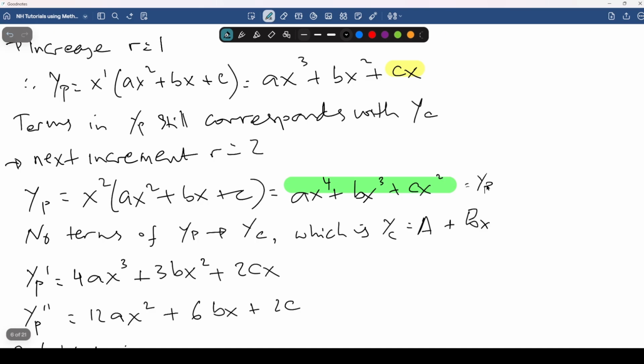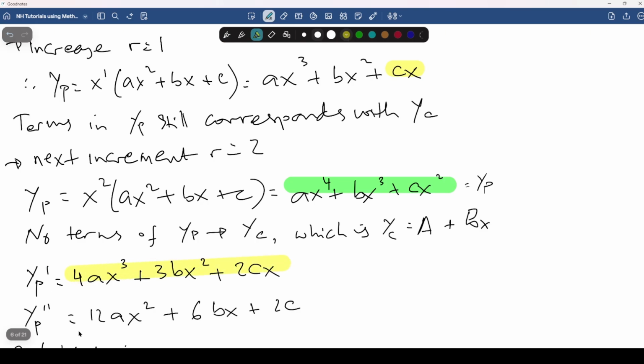Therefore, our yp prime is 4ax to the power of 3, plus 3bx squared, plus 2cx. That's our yp prime, the single prime. You can highlight that also, in yellow.